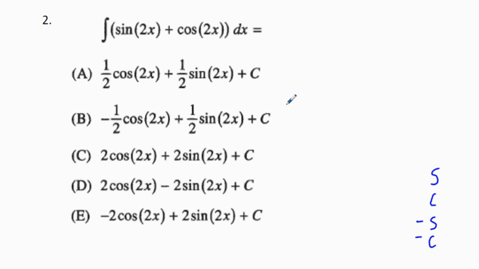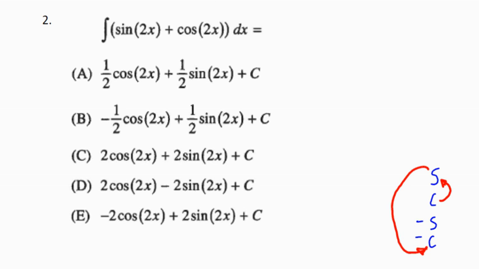In the case of the integral, we need to rotate counterclockwise. And so sine becomes negative cosine, and cosine doesn't become negative sine, just regular sine. So what we're going to be left with is a negative cosine and a positive sine.